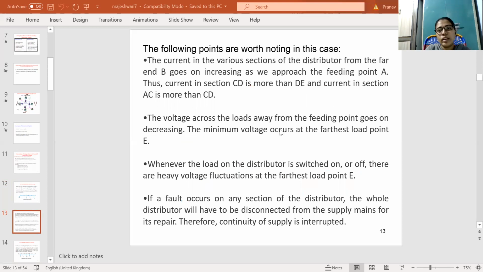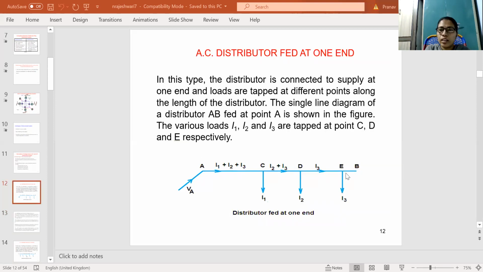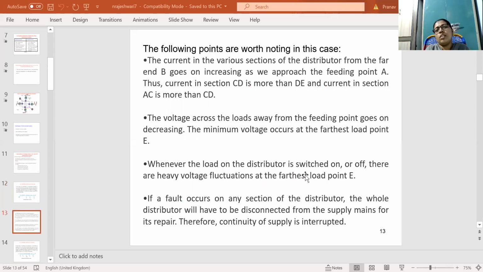The minimum voltage occurs at the farthest load point E.